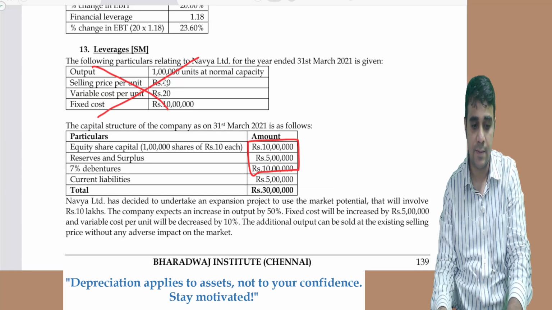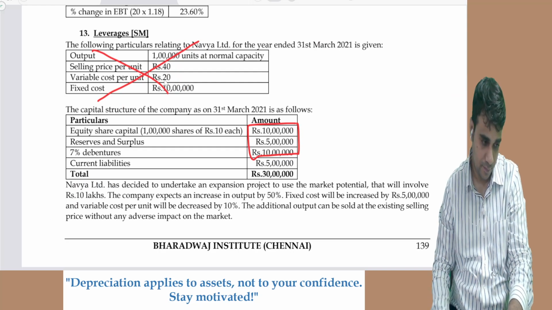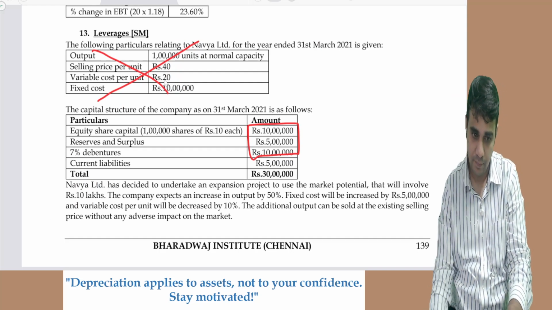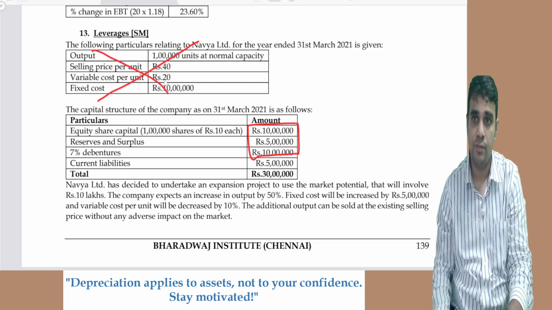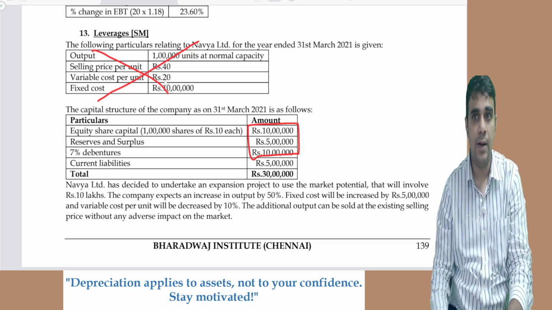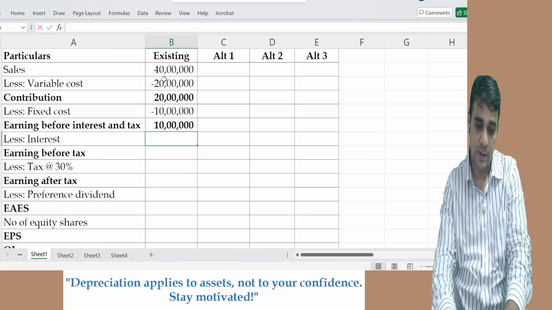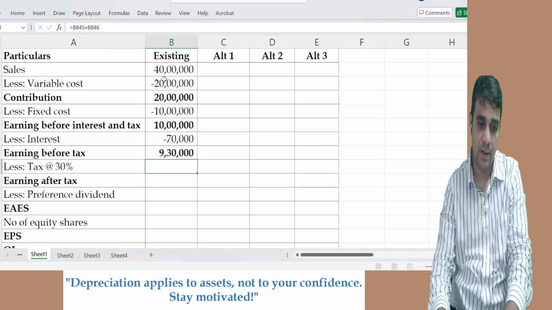Existing interest, how much? 10 lakh into 7%, 70,000. Earnings before taxes 930.